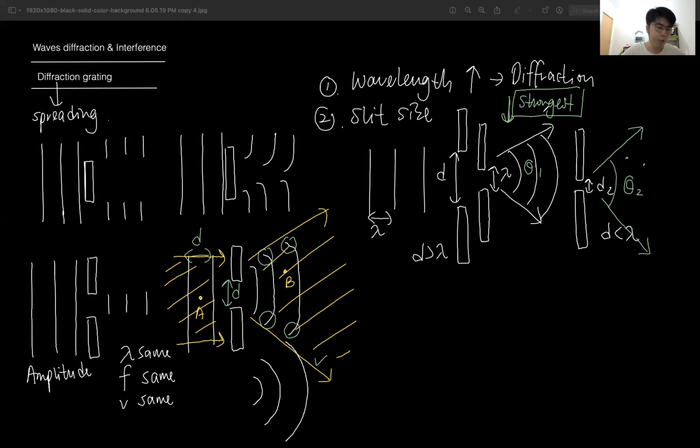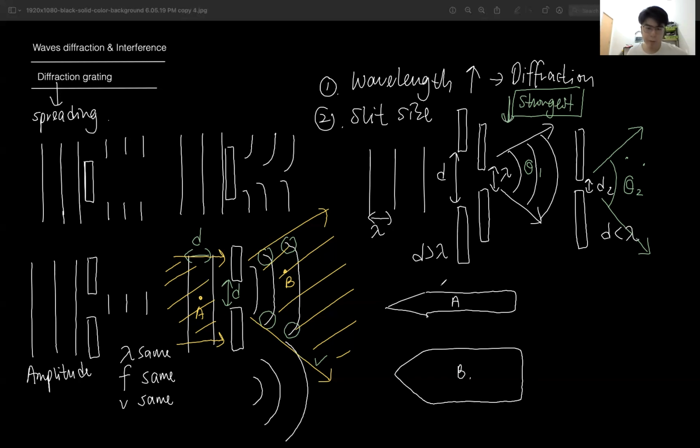And you also see it with a narrow boat. Let me draw like this. Say this is the boat, and compare a narrow and a wide one. Which one has more diffraction? We have two boats here, boat A, boat B. The narrower one will have a greater diffraction here.